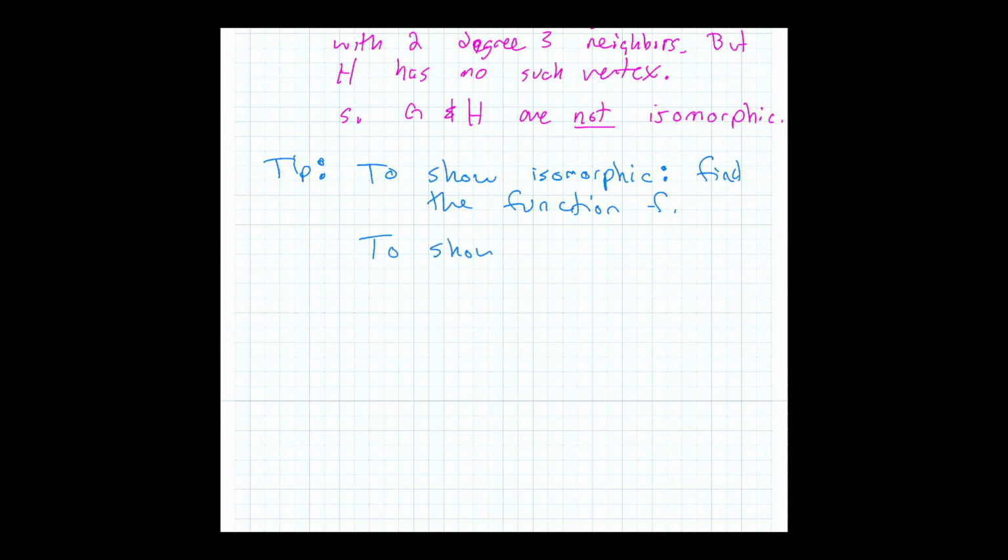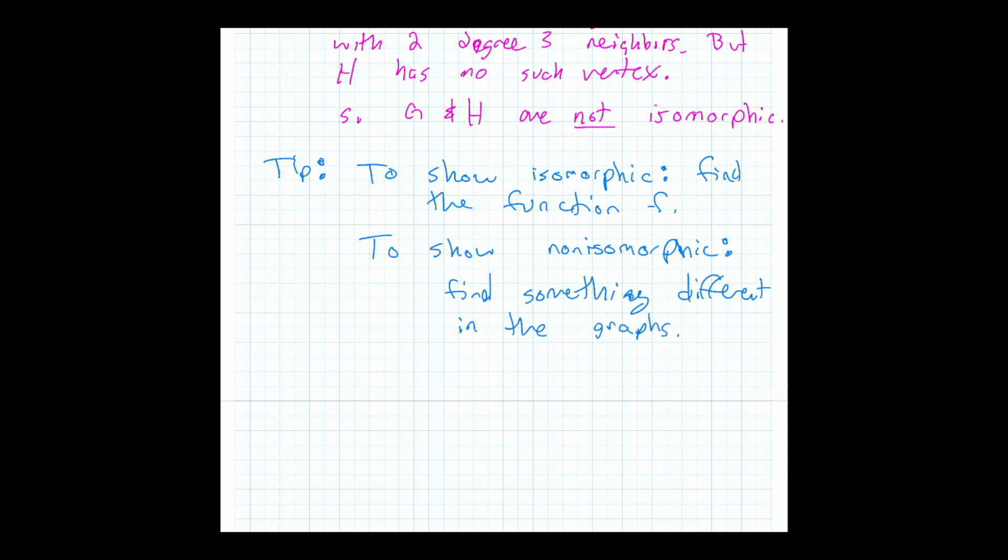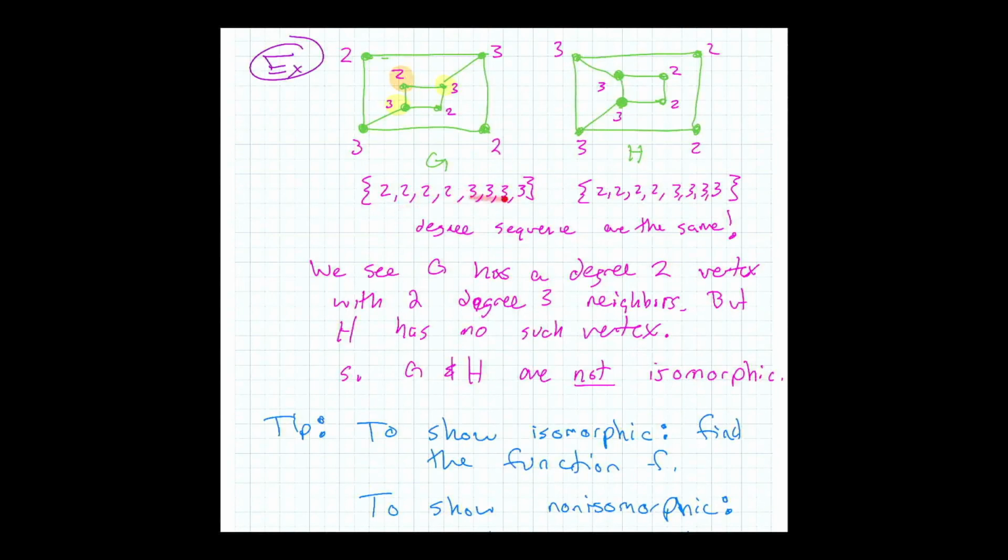To show non-isomorphic, find something different in the graphs, using what we call invariants, which are the things that don't change when you do an isomorphism, like degree sequence and this kind of connectivity thing.